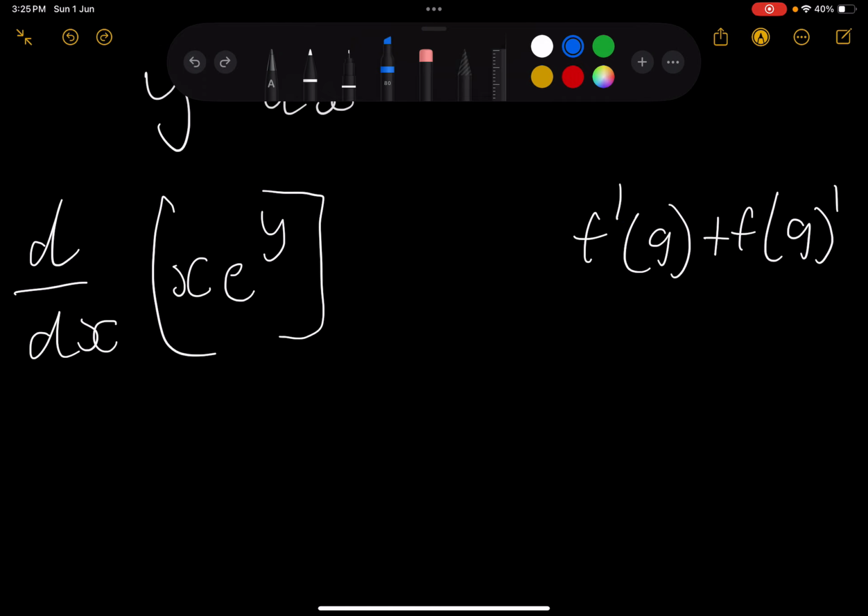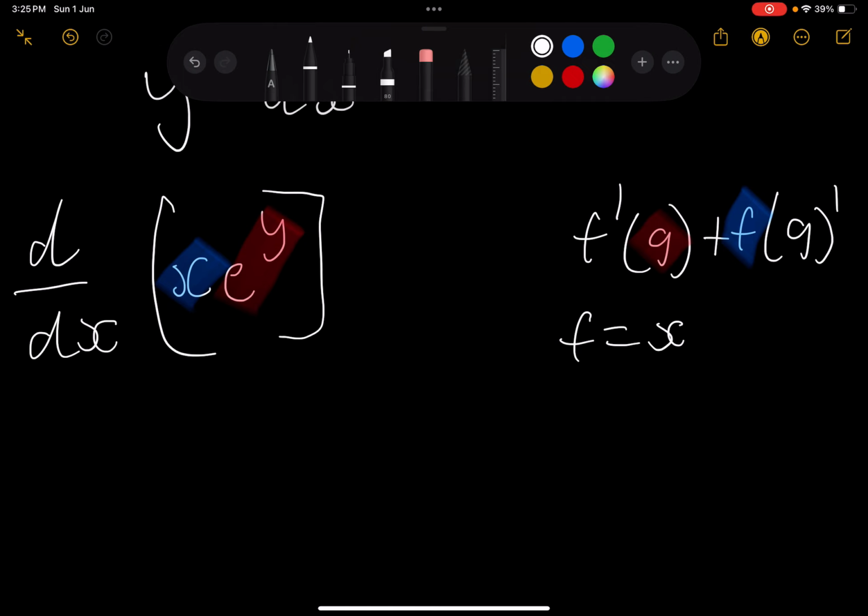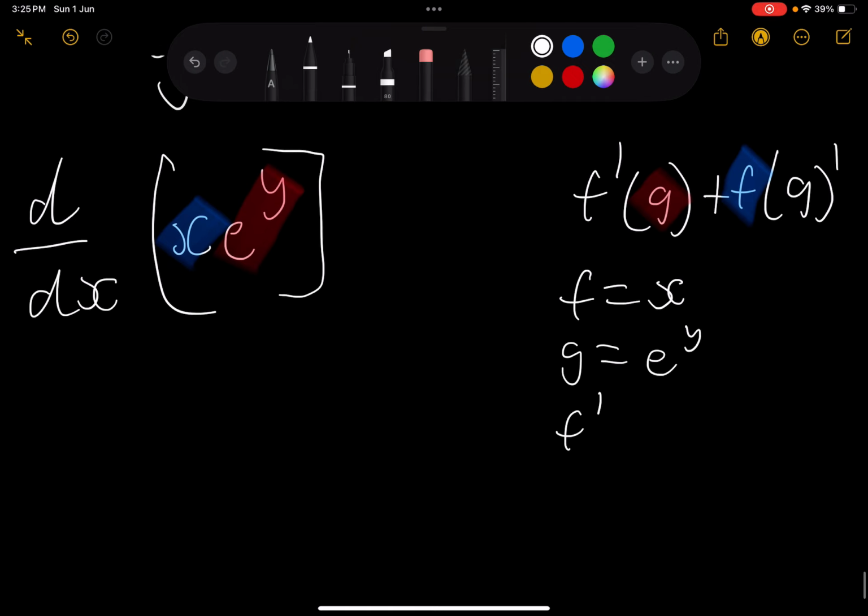Well, let's call this part f of x, and we'll call this part here g. So f equals x and g equals e to the power of y. F prime, if we're taking the derivative of x with respect to x, is just 1.